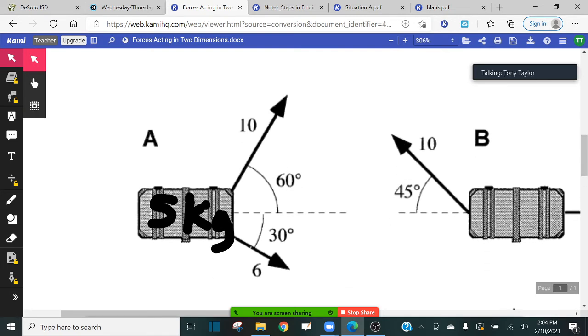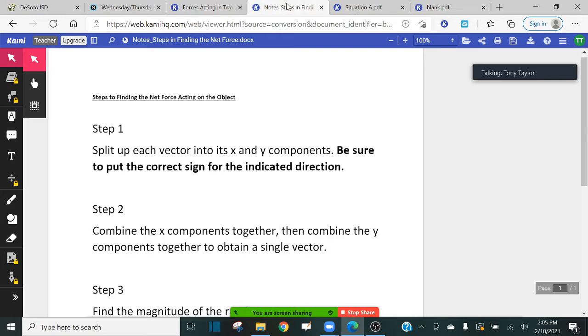Notice that we have forces acting diagonally. I have a 10 Newton force pulling in this direction, and I have a 6 Newton force pulling in that direction. So we're going to have to use some vector analysis and some trigonometry to solve for the magnitude of the acceleration of this treasure chest. Okay, so that's what we're going to have to do.